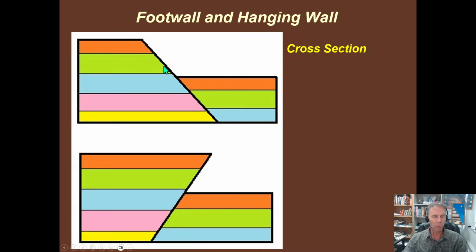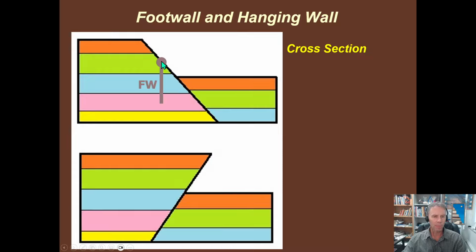And the first thing we're going to want to do with these faults, which you can see have offset and cut the rocks here and displaced them, is figure out which side is the footwall and which side is the hanging wall. And one method I use to help students determine this is I say, okay, just put your pencil or your thumb or your finger right on the fault, okay?